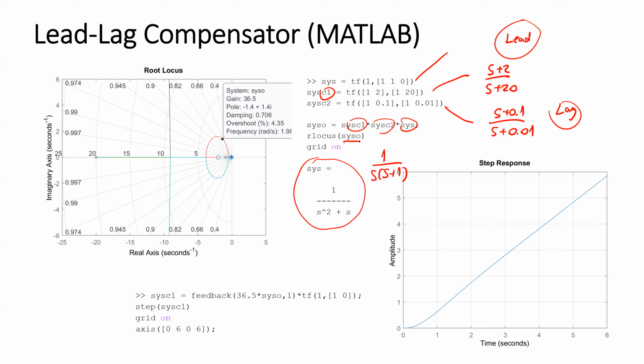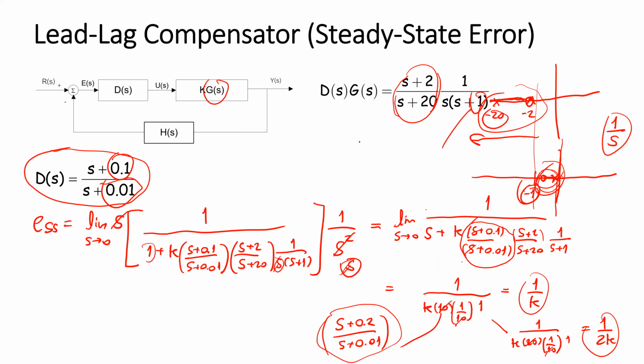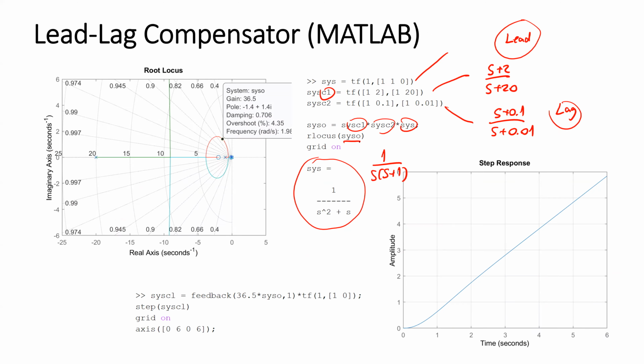When we plot the root locus of the open loop transfer function containing the lead and lag, and we just vary the gain K, the desired damping ratio is 0.7. The gain that is good for us is 36, and we still obtain the damping ratio 0.7.